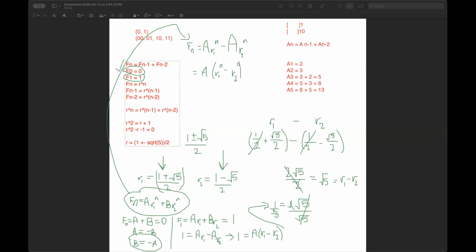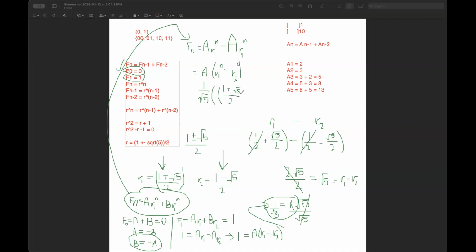And then I can plug in the value for a that I got down here. The value for a is 1 over root 5. So I can say 1 over root 5 is equivalent to, and I know what r sub 1 is, right? R sub 1 is going to be 1 plus root 5 over 2.